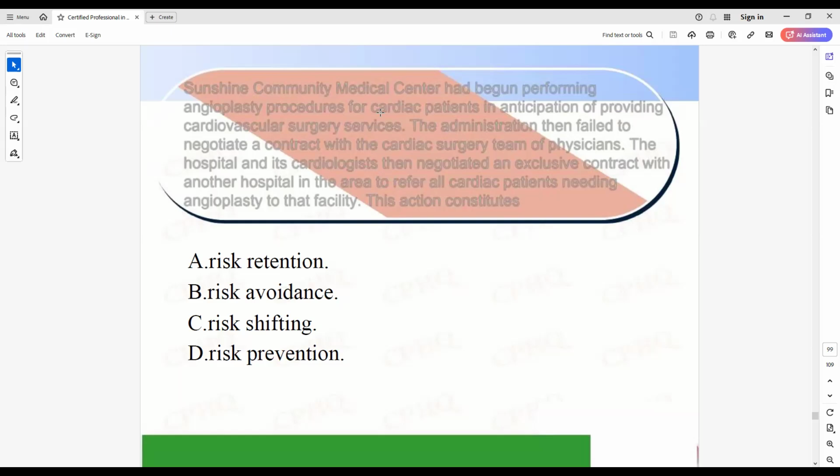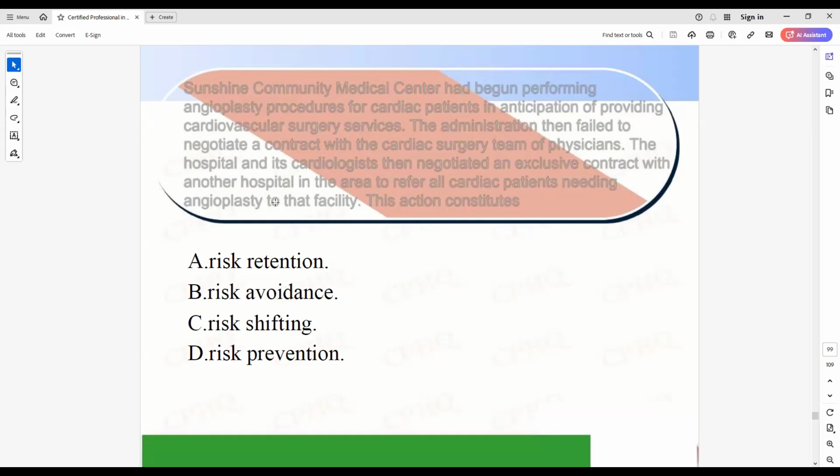This is one of the tricks where they give you a very big scenario. Sunshine Community Medical Center had begun performing angioplasty procedures for cardiac patients in anticipation of providing cardiovascular surgery services. The administration then failed to negotiate a contract with the cardiac surgery team of physicians.